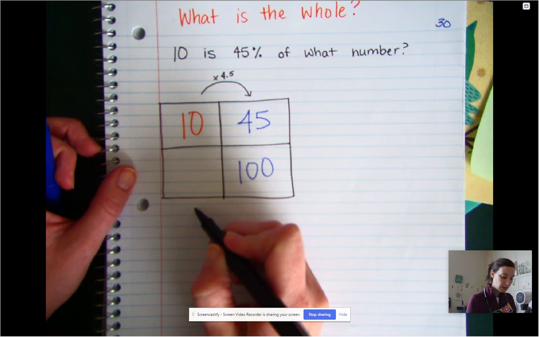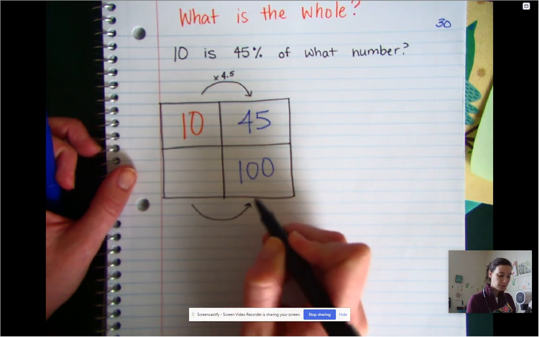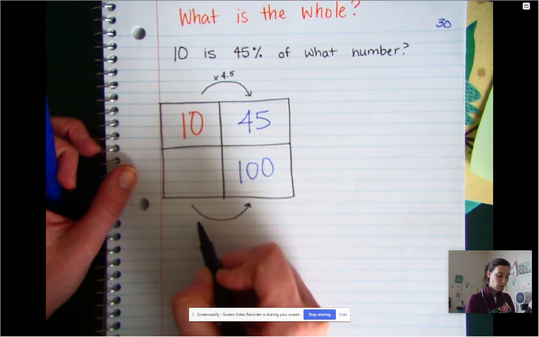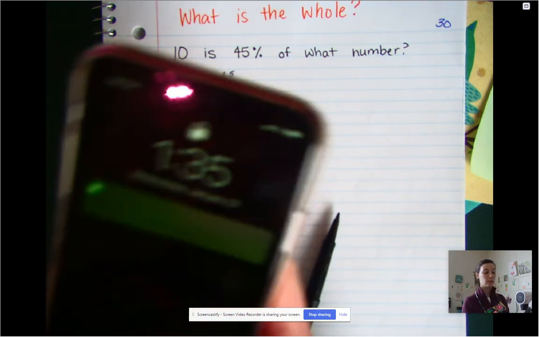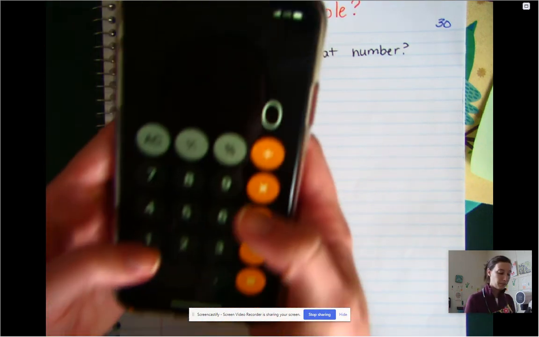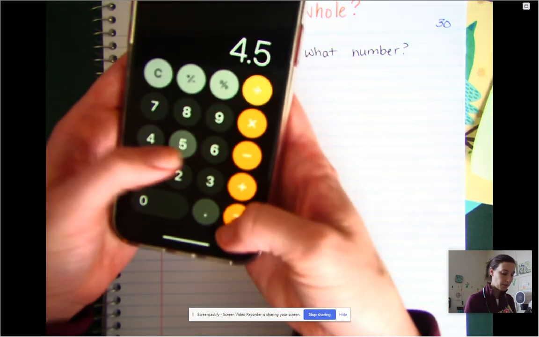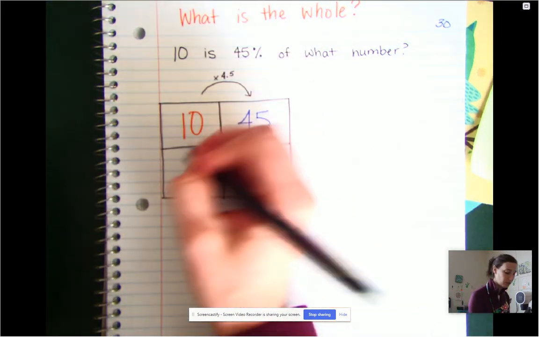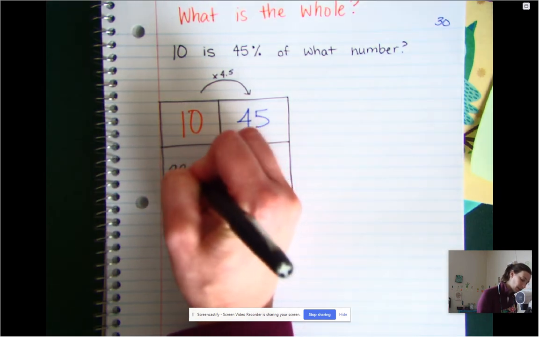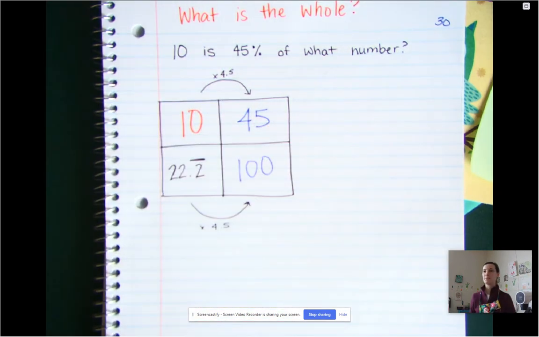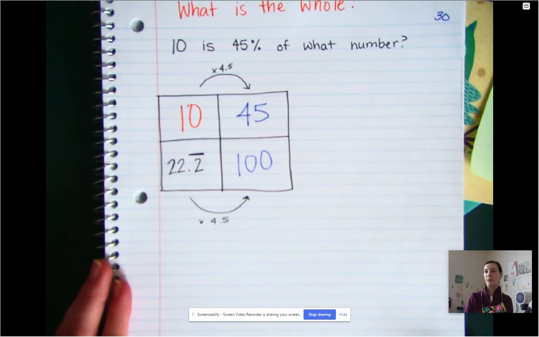Whatever I do to the bottom, I'd have to do to the top. So I want to know what number times 4.5 equals 100. Well, I don't know, so I'm going to divide. 100 divided by 4.5 equals 22.22222222. And when we put a line above it, that means going on forever.